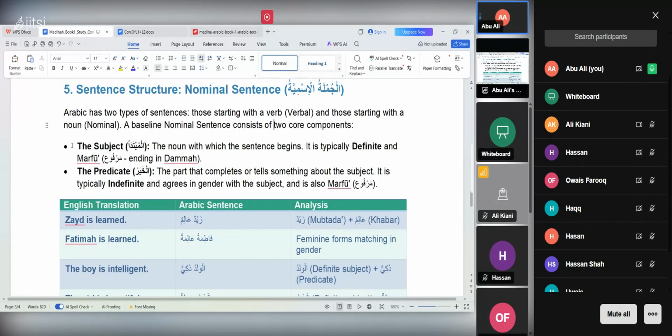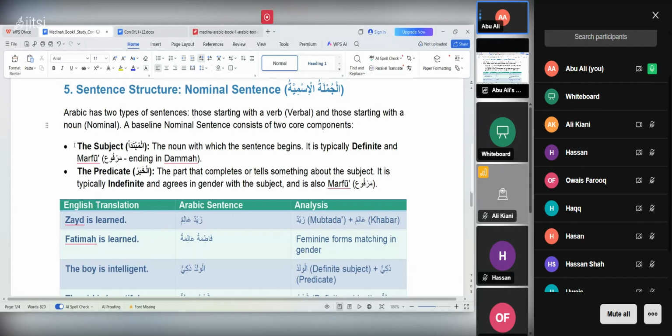These two, the subject and the predicate, are both marfu', which means they both have a dhamma at the end. In principle, there are tons of examples where this changes, and it doesn't change as an exception to the rule. It's its own rule. In Arabic, exceptions are a rarity. There's always a rule for something.